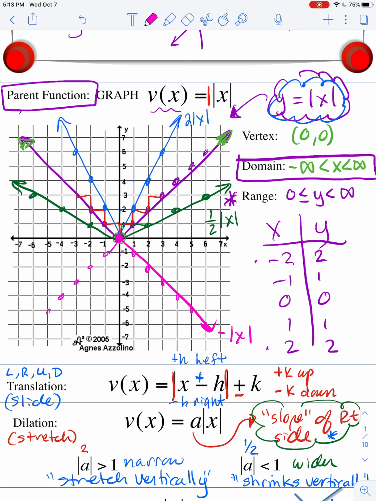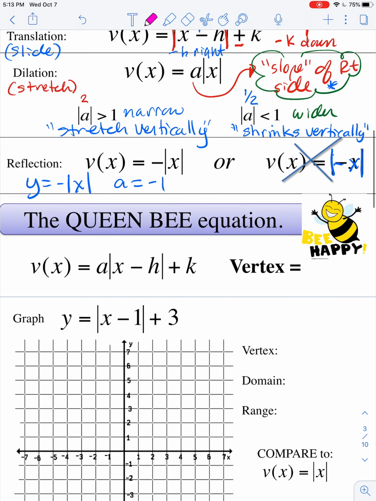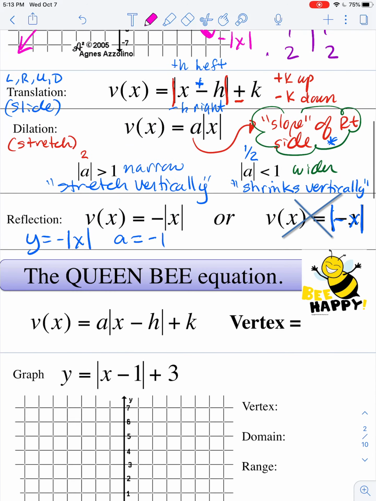Then I need to mirror that on the other side as well because it is symmetrical. And so it seems that the difference is obvious in the pink graph compared to the others. And that is what happens in every type of equation when we have a negative in front. It flips over, or it's upside down, or technically we say it is reflected over the x-axis.